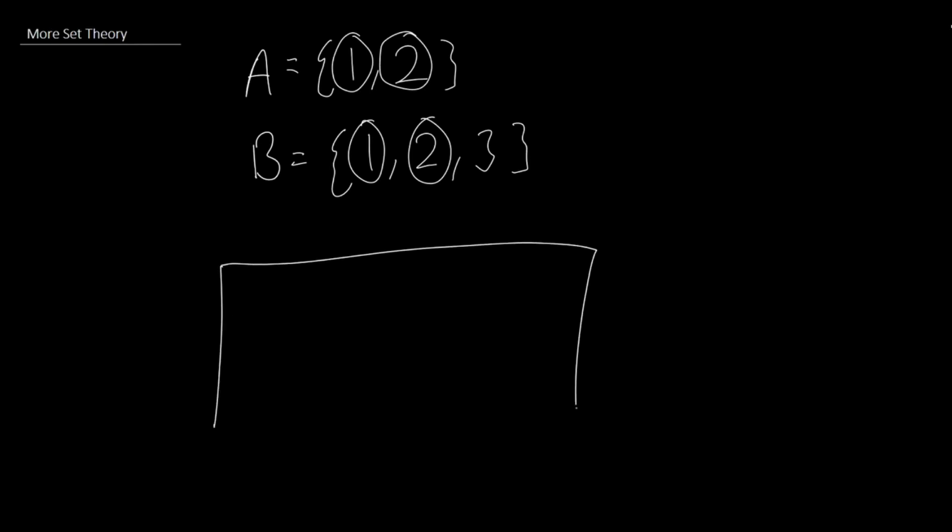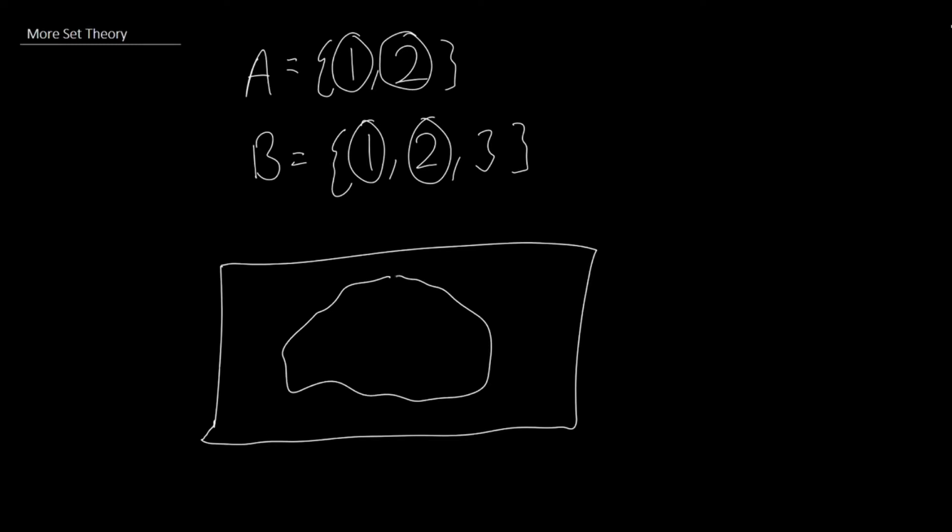So if I were to draw a Venn diagram, and if I have B over here, then A would always be inside of B. So A has the numbers 1 and 2, and 3 is outside. So B contains 1, 2, and 3, while A contains 1 and 2. And it's easy to see that A is a subset based on this diagram.